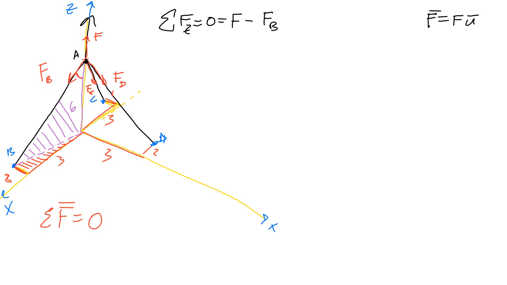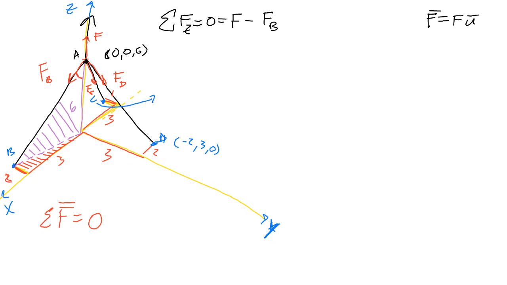This is point A. Point A is 0, 0, 6. Point D right here is -2, 3, 0.